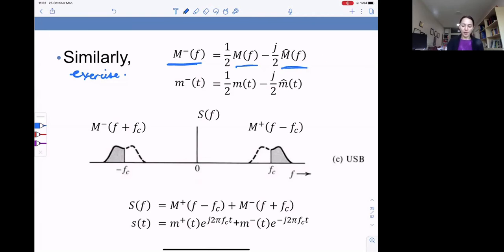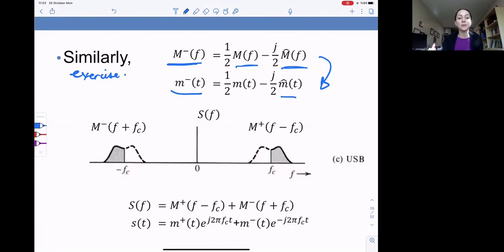Correspondingly, in time domain, it is 1 over 2 m of t minus j over 2 m Hilbert of t. Now, m Hilbert and m are real valued functions, real valued signals. M minus and m plus of t are both complex valued signals.